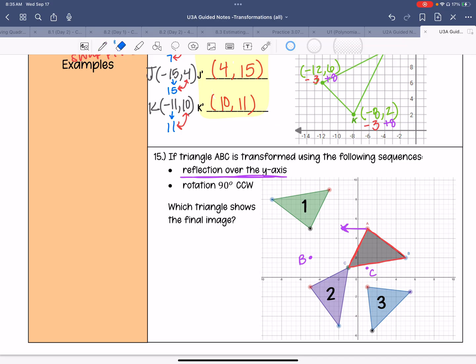I'm going to erase this for a second because it's going to get in the way of A. And A here. So if we flip our triangle over the y-axis, then we would be at this triangle next. So that's our first transformation.